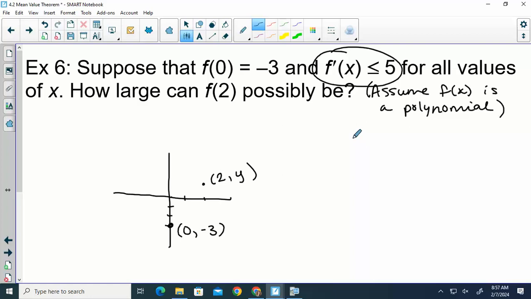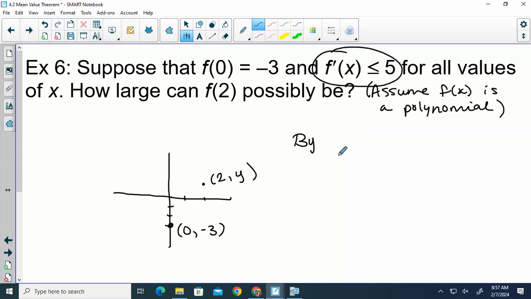So would you guys agree that the largest value for f of 2 would be when the derivative was 5? Okay, my highest value would give me my largest. So think about mean value theorem tells us that somewhere the slope between the endpoints equals the derivative. So we would need to find the slope between our endpoints.